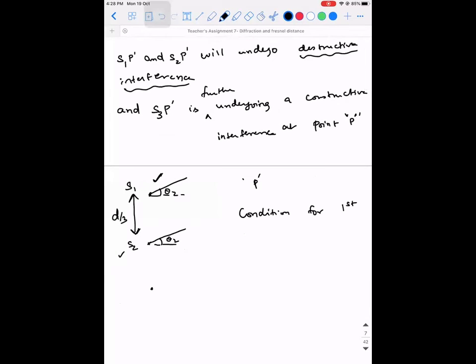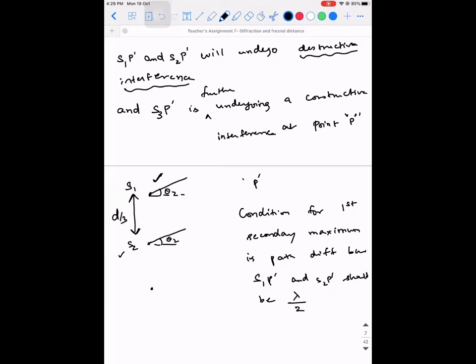Condition for first secondary maximum is: path difference between S1P' and S2P' should be, can you tell me how much? Lambda by 2. Very good. Should be lambda by 2.